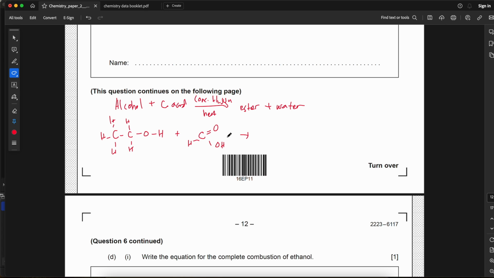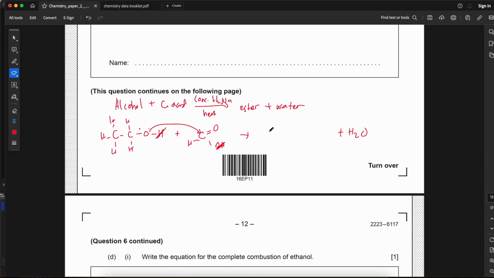Alright, so when they react, this O will bond into C. Okay, so H will leave this structure, and OH also will leave this structure, so it will form water, H and OH.